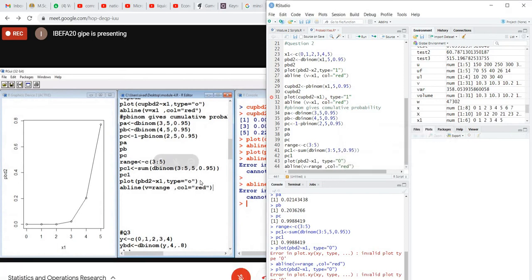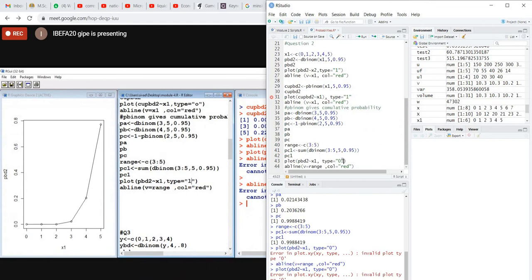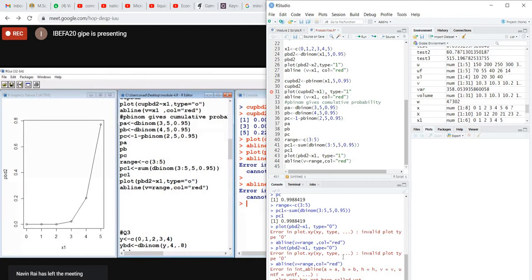Why am I not getting it here? Sir, just delete the space between range and color. Ah, yes. So here the probability will be shown.